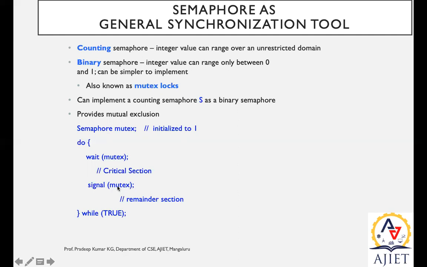Then it moves to the remainder section and so on. Whenever a semaphore is set to 1, only one process can enter into the wait state and execute in the critical section, and with the signal, no two processes can enter at the same time. That is the scenario behind the binary semaphore.